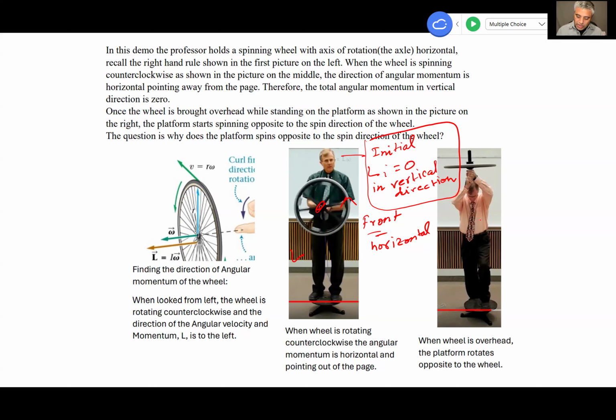Now, if you lift that wheel and bring it on top of your head, just like it's being done, and remember it's rotating something like that, now the angular momentum is up there for the wheel.